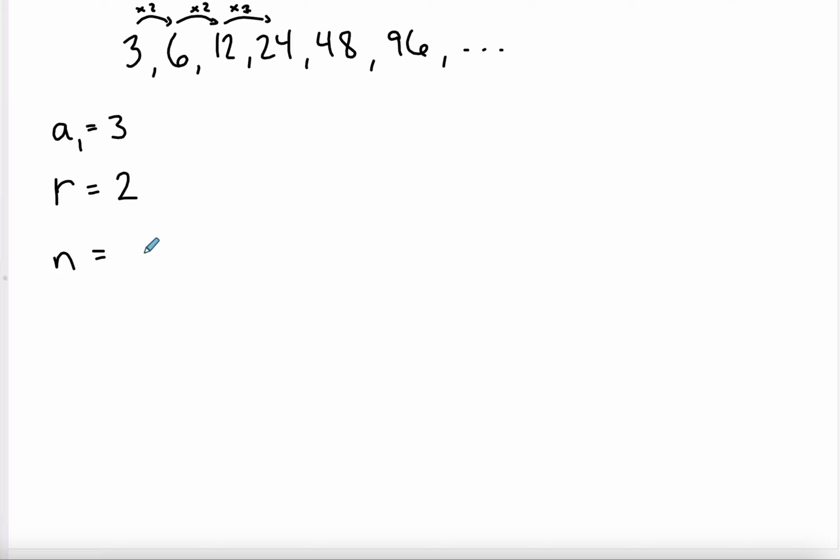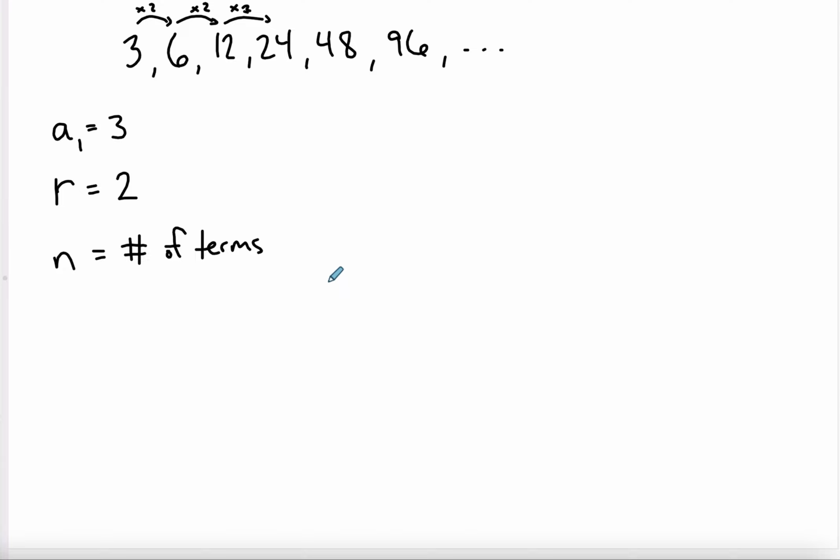N simply refers to how many total terms we are going to have, right? That could be a number of your choice. Maybe you just want 10 numbers in this sequence. Maybe you want infinity, right? N could be infinity. So that just means number of terms, and that's up to you, okay?